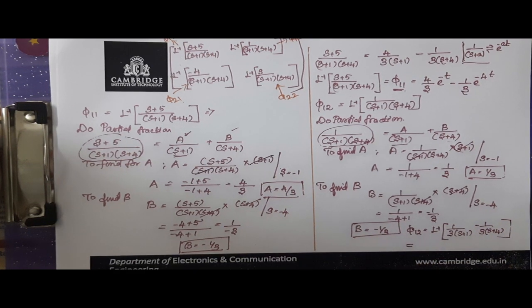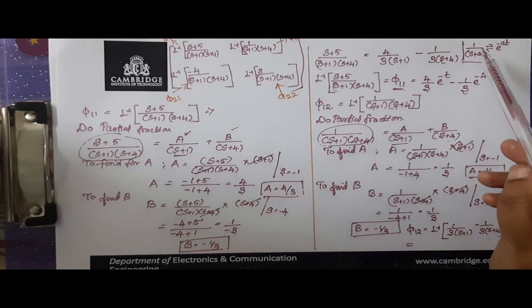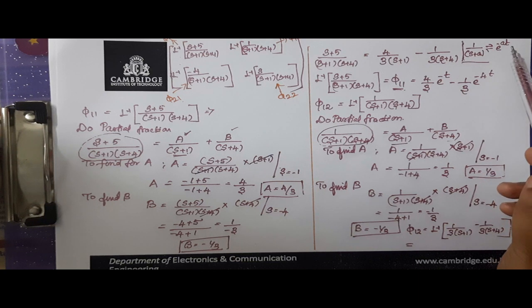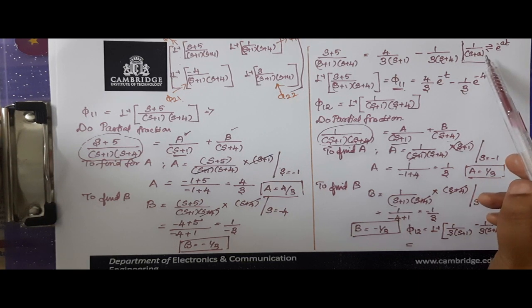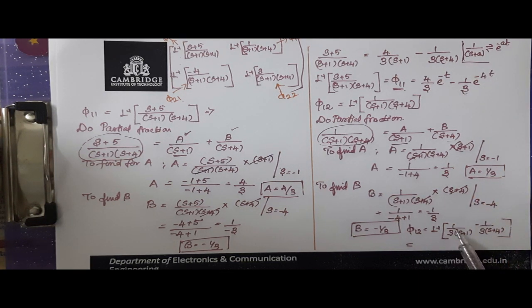Let us make use of the Laplace transform equality: 1 by s plus a implies e to the power minus at. In this case, it is of the form 1 by s plus 1 where a is 1. So I can write it as 1 by 3 into e to the power minus t. Similarly, minus 1 by 3 of 1 by s plus 4 can be written as e to the power minus 4t. So I can obtain phi 1, 2.